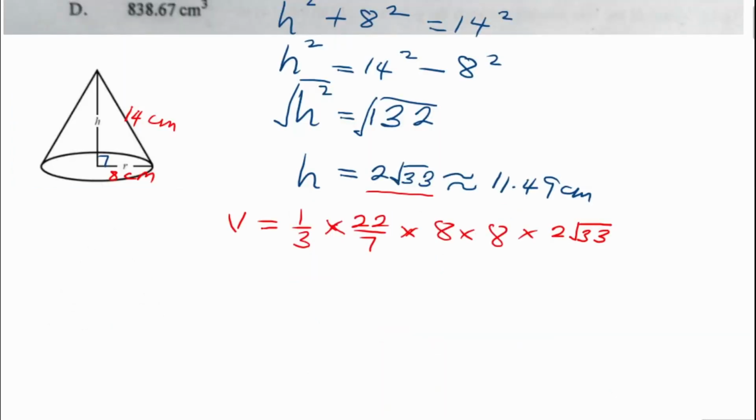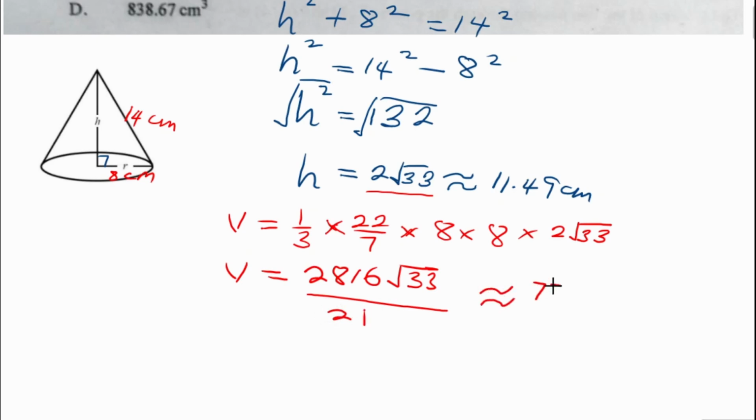And when we put all of this into our calculator, we are going to have V to be equal to 2816√33 divided by 21, and that is approximately 770.32 cm cube.